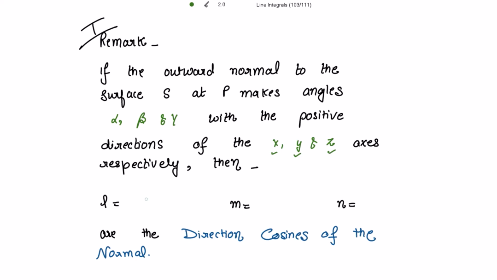Then cosine of alpha is equal to l, and m is equal to the cosine of beta, and n is equal to the cosine of gamma. So l, m, n are the direction cosines of the normal, right?